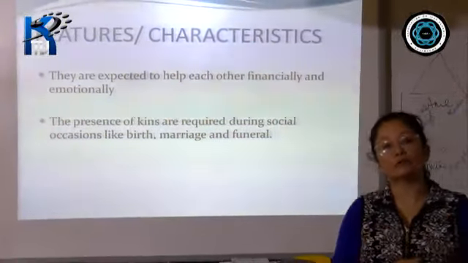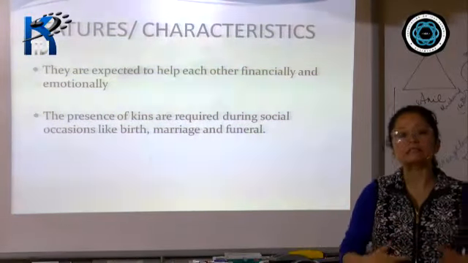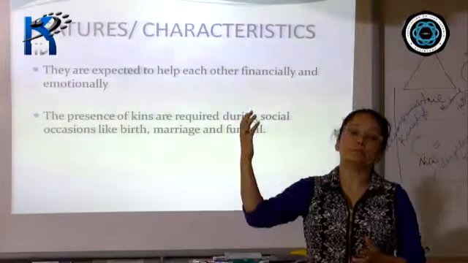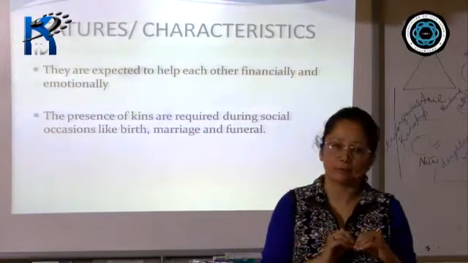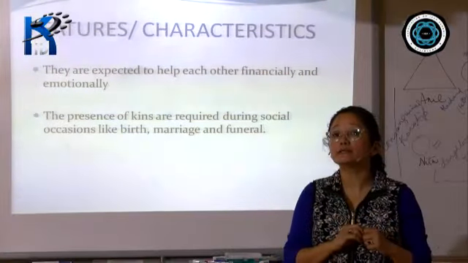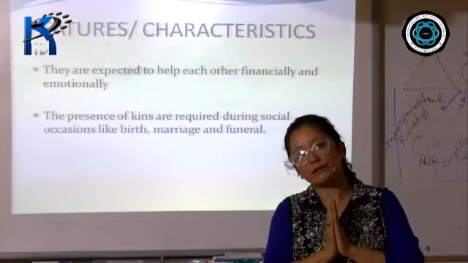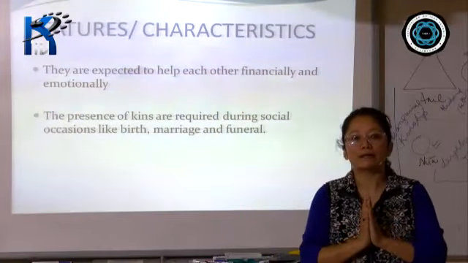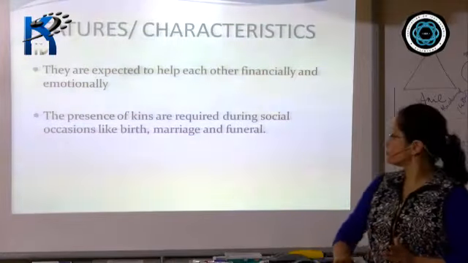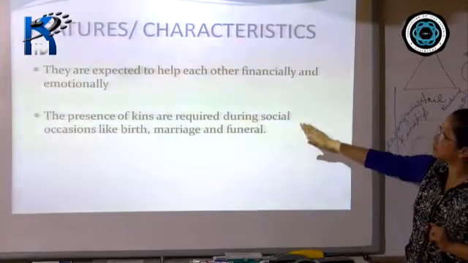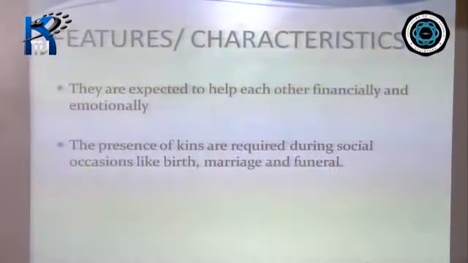During funeral ceremonies, you must have seen in your own localities, in your own groups, people come from far and wide just to attend the funeral ceremony. And the reason you do this is because you're trying to maintain your social relationship. You are trying to perform your duty as a family member. So these are the features or characteristics of the consanguineal kinship group.